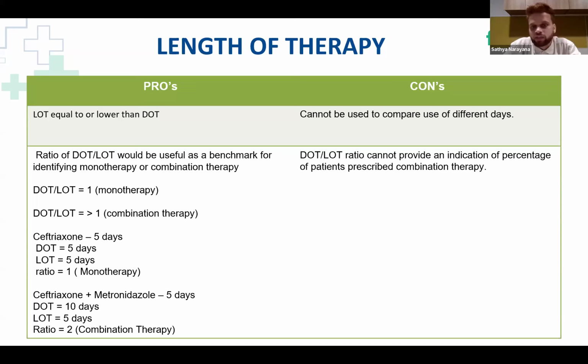So if the ratio is greater than 1, it is a monotherapy, combination therapy. This is a kind of small hypothesis that was suggested. And the next one would be this DOT, this LOT. They are confirming that it is very difficult to compare with DOT because DOT would be more precise regarding antibiotic.